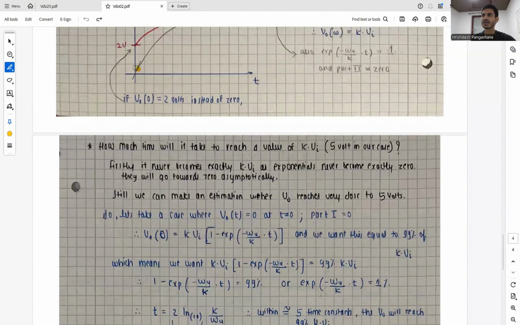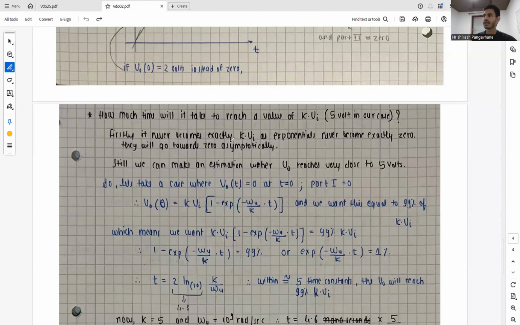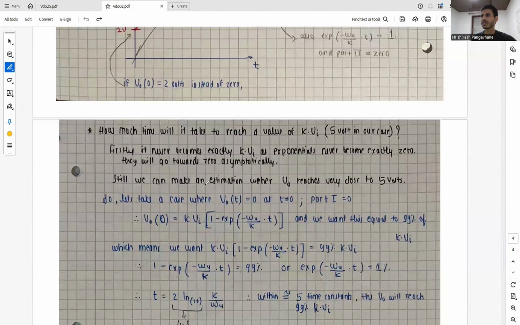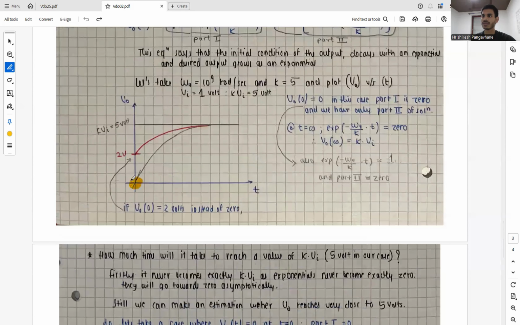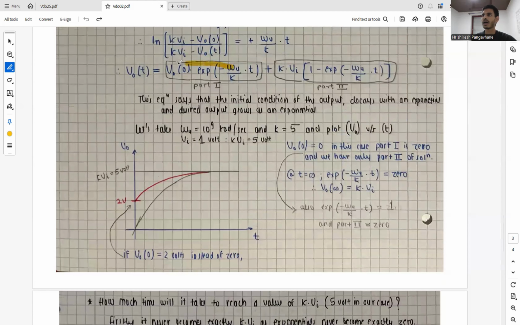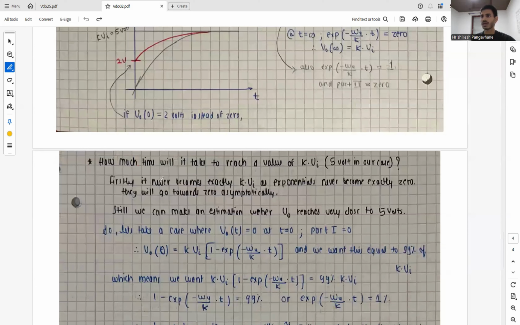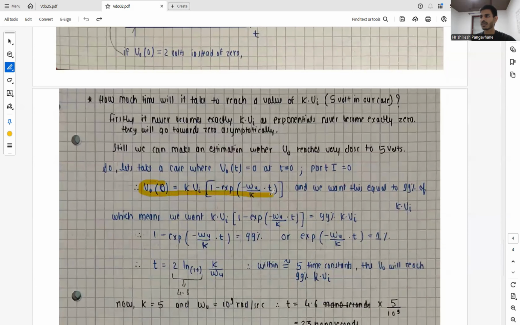Then part 1 becomes 0 again, and the equation of v naught remains as part 2, and we want this to be equal to 99% of k vi.